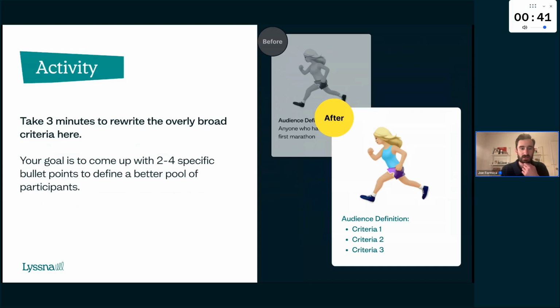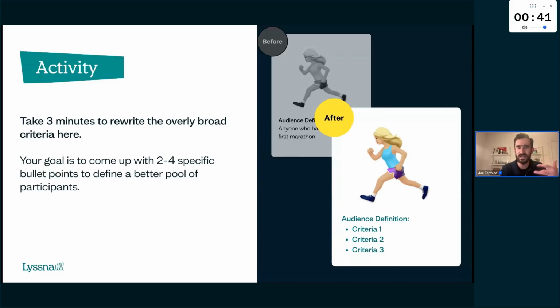So the activity here, I'm going to give everyone 3 minutes to rewrite this overly broad criteria of just anyone who's ever trained for their first marathon. We're going to do this just really light, quick activity. Your goal is to come up with, let's say, 2 to 4 specific bullet points to define a better pool of participants.